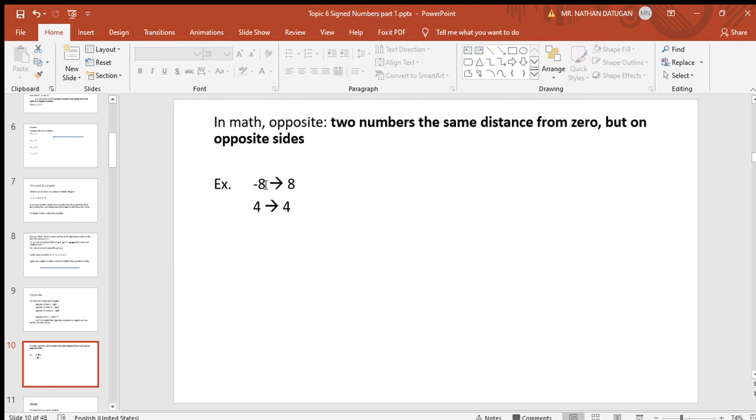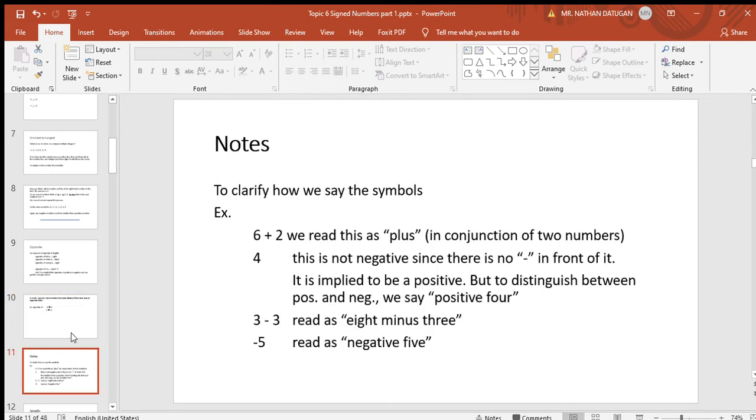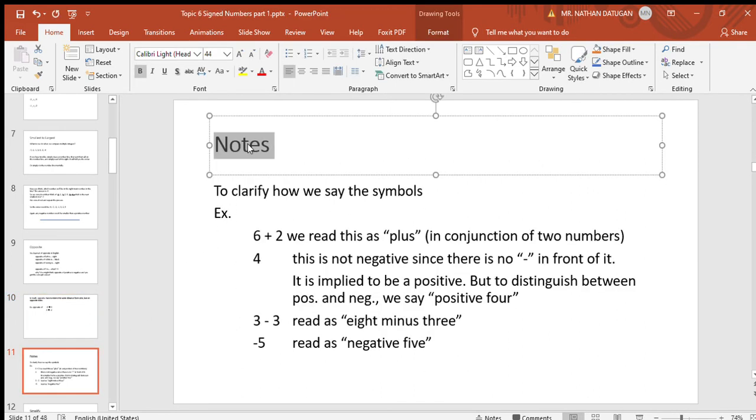So the opposite of -8 is 8, and the opposite of 4 is -4. It's basically simple. Now let's have some notes.